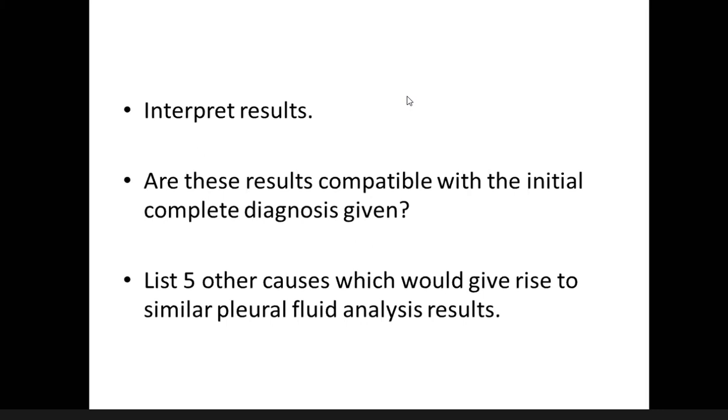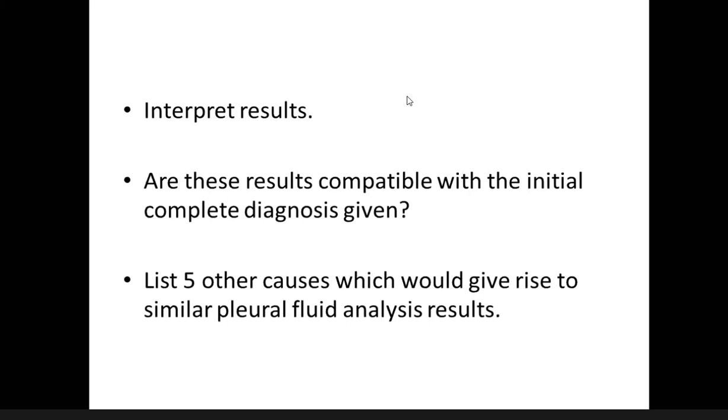Then something to do with the heart again. Constrictive pericarditis. Constrictive pericarditis. Something to do with the SVC. SVC obstruction, again due to increased pressure, isn't it?